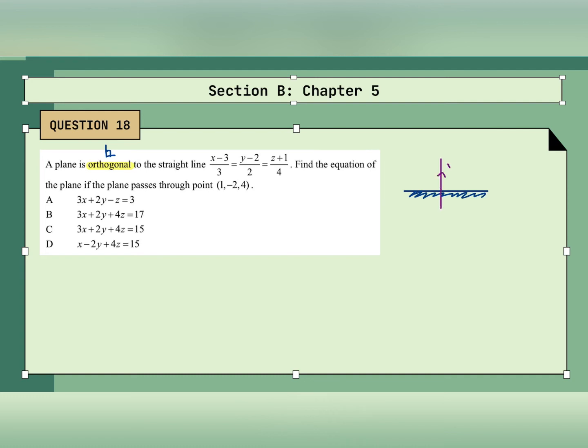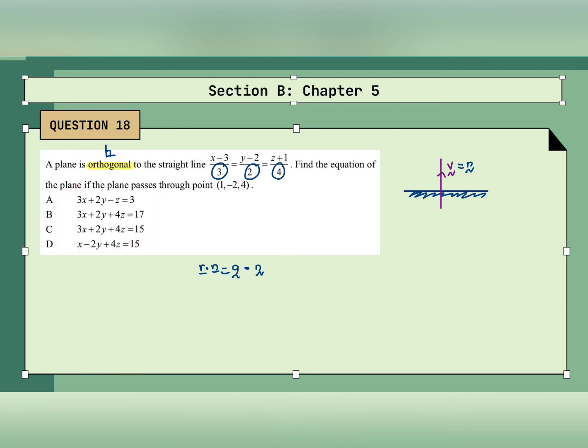So dekat line ada V. So kat sini maksudnya apa? V kita sama dengan our punya normal. So V kita yang mana? Ini. Okay, so dia kata equation of a plane R dot N equals to A dot N.